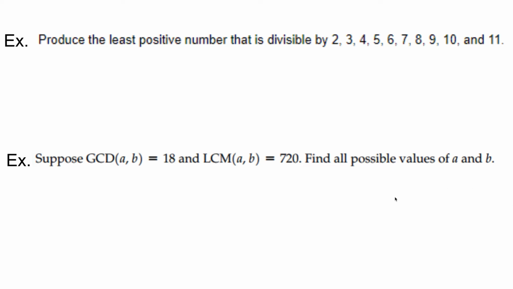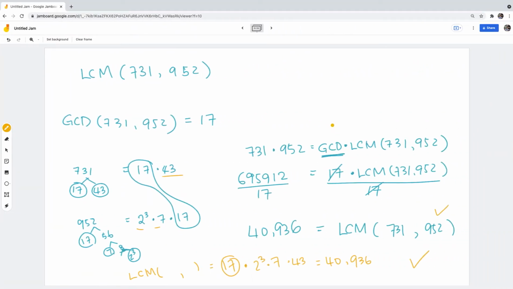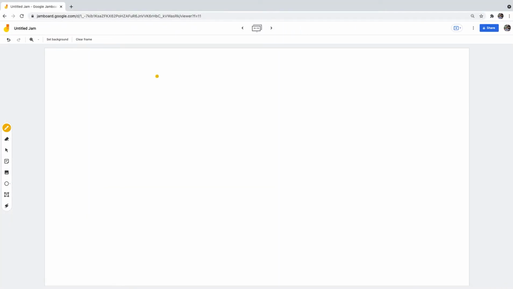Alright, so we have these two questions and let me solve them here. So the first question is asking to produce the least positive number that is divisible by 2, 3, 4, 5, 6, 7, 8, 9, 10, and 11.